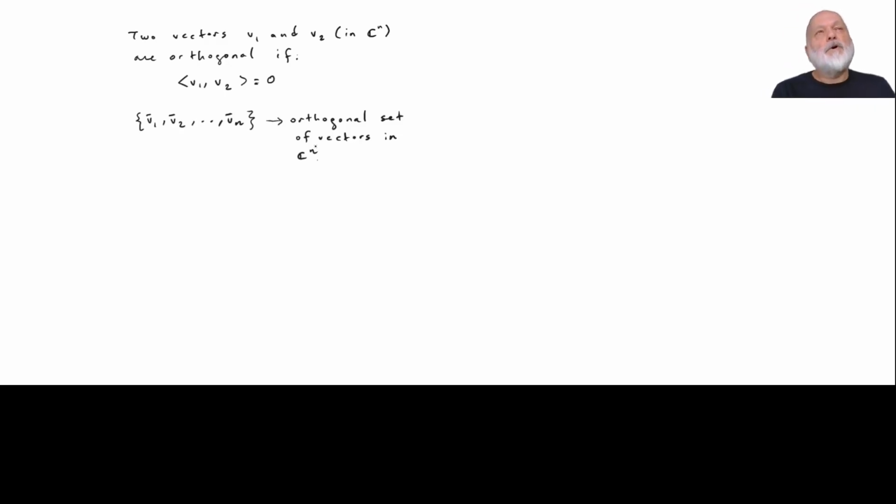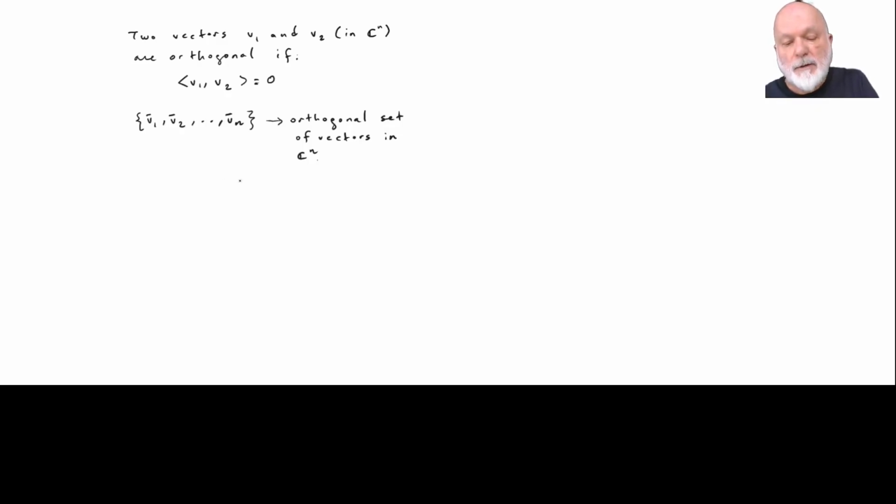Now here we omit certain details. For example, it is very easy to show that this orthogonal set is also linearly independent, and therefore it's a basis set for Cn. Let us not go into the details of such concepts at the moment, because we are going to use these concepts in the evaluation of the Fourier series coefficients.